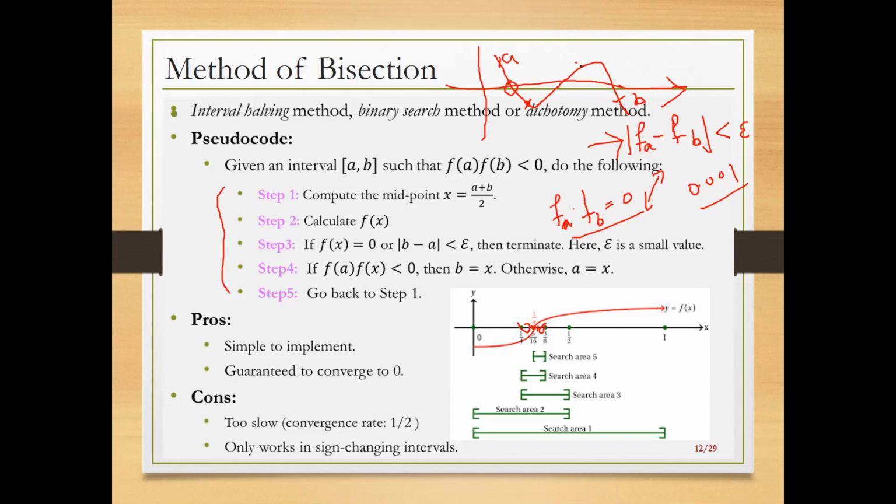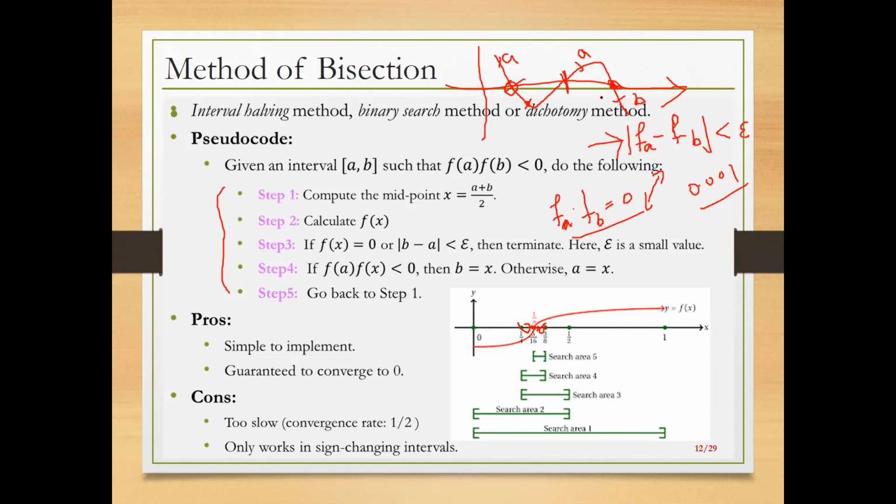I could have chosen a to also be over here, so they have different signs, but then it will only converge to this one, so it will not look at these. If you want to find all possible roots, a and b should be a very large interval, and every time you have to randomly change a and b. Because it's bisection, it divides into half.